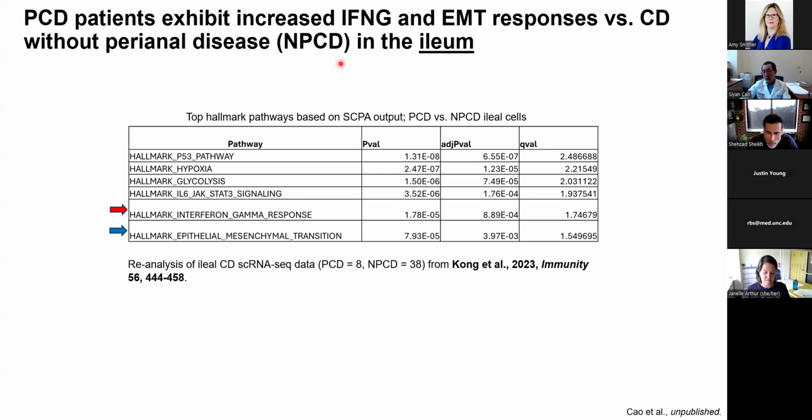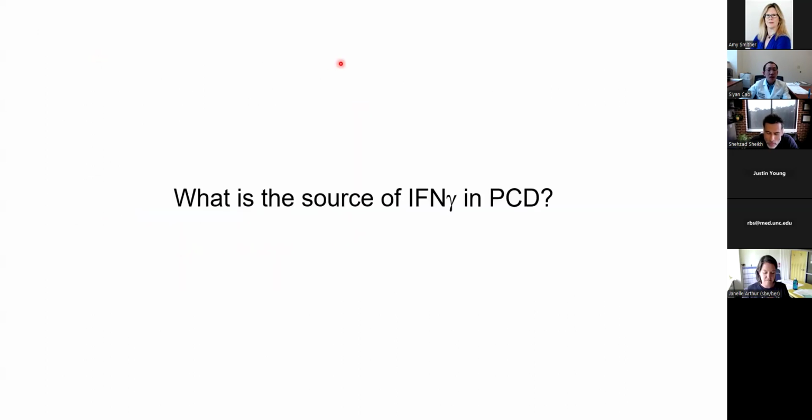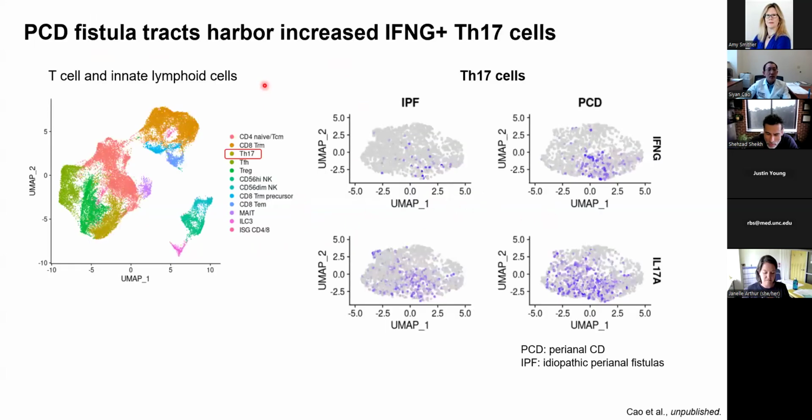without perianal disease. And then since we found there is an increase in interferon gamma response in PCD, we asked what is the source of interferon gamma in those patients. In our single cell analysis, we identified the Th17 cell population in the fistula tract. Here we look at the gene expression of the Th17 cells from PCD and IPF samples.